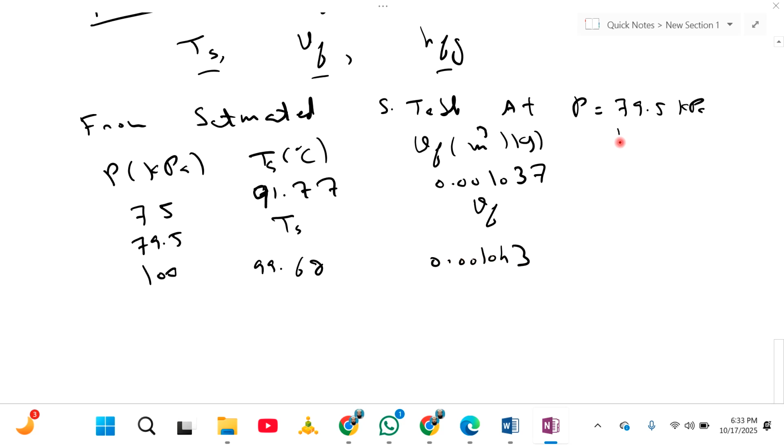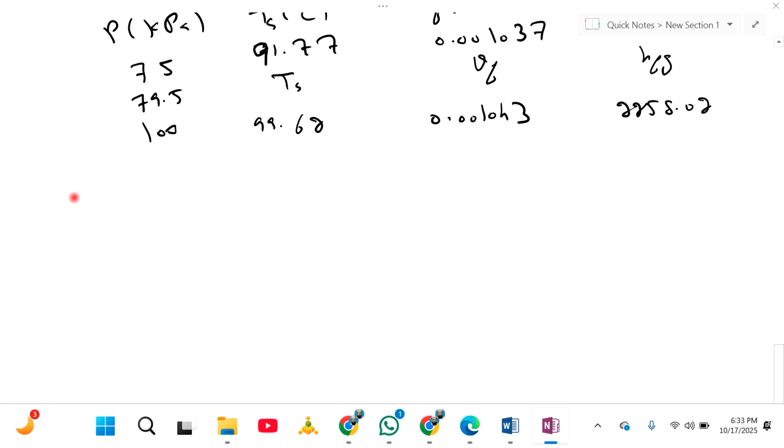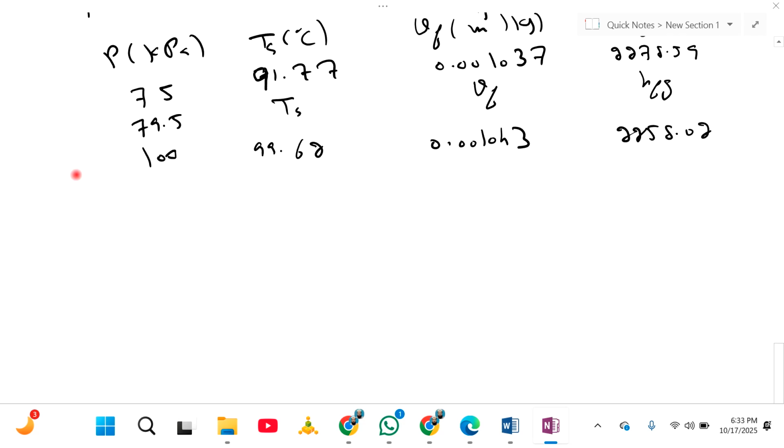And similarly, Hfg, latent heat of vaporization, kilojoule per kilogram. At 75 kilopascal, this value is 2278.59. At 79.5 this is required, and at 100 kilopascal the value is 2258.02 kilojoule per kg.